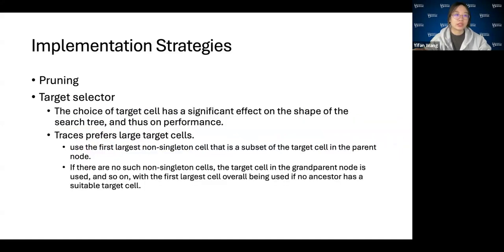The choice of target cell selector has a big effect on the shape of the search tree. Traces prefers to select the largest non-singleton cell as the target because it follows the BFS strategy.